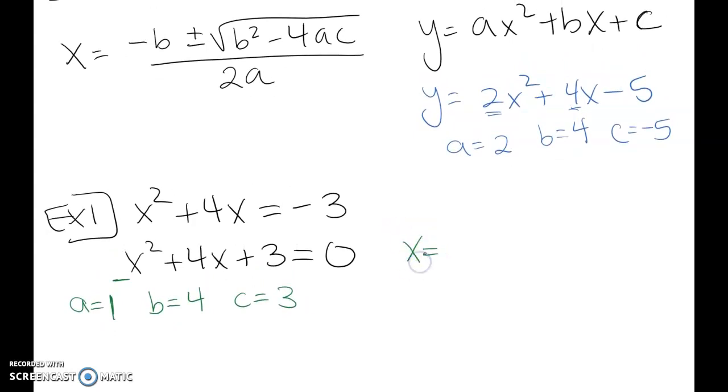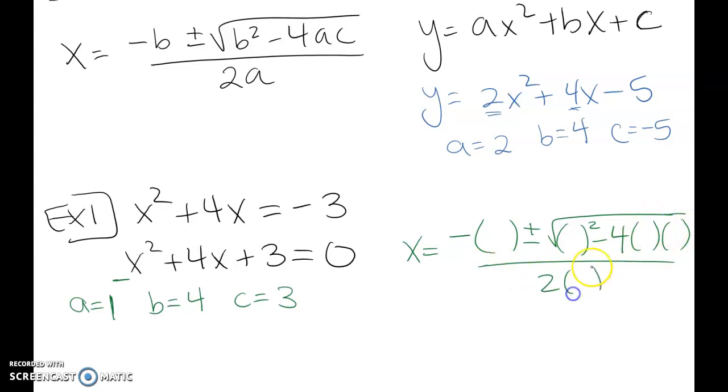So I would have x equals negative b plus or minus the square root of b squared minus 4ac all over 2a. And the reason that I put those parentheses is I'm going to then just take my number and plug it in there. So negative b, I'm plugging in b here, plus or minus b squared minus 4a, which is 1, c, which is 3, all over 2a, which is 1.